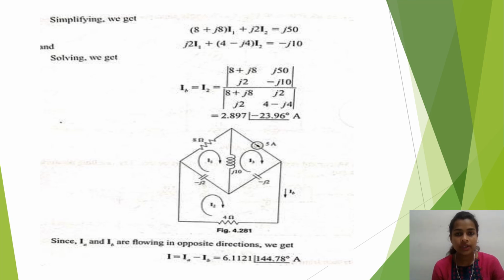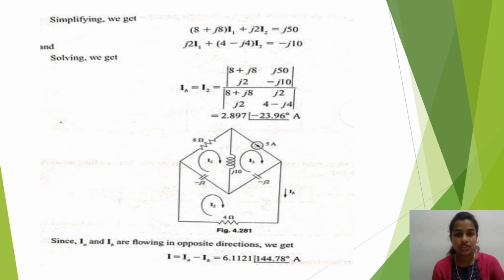By solving, we get I1 and I2 in the form of a matrix, with determinants of 8 plus j8, j2, j2, 4 minus j4, that is equal to 2.897 angle minus 23.96 degree ampere.